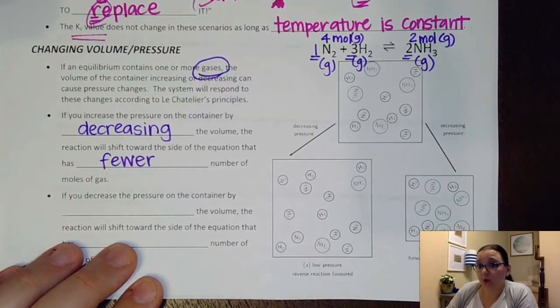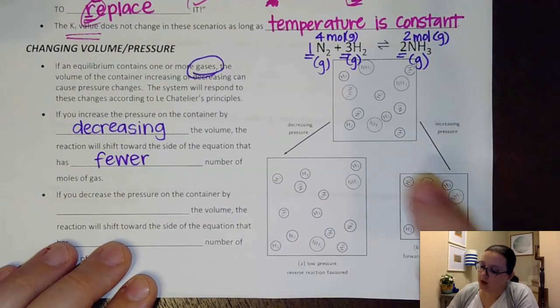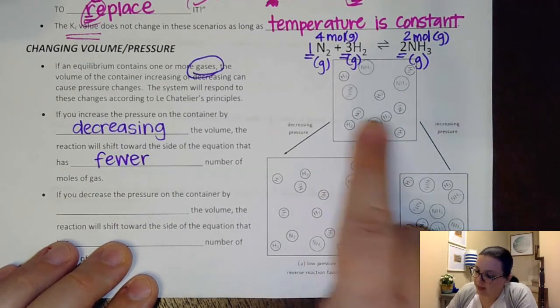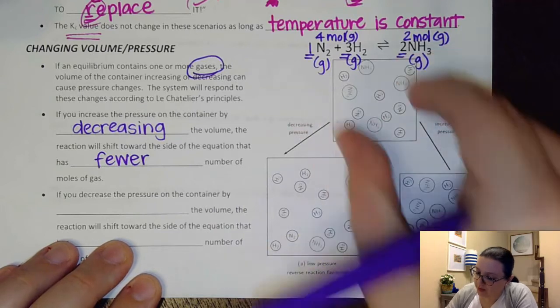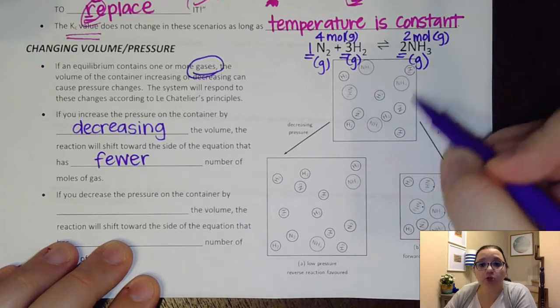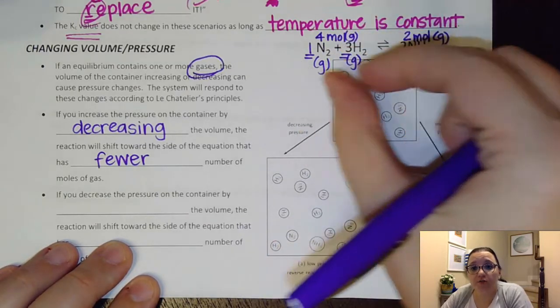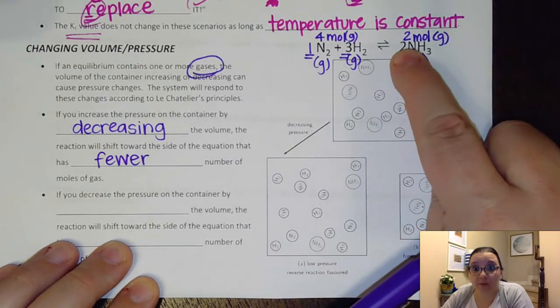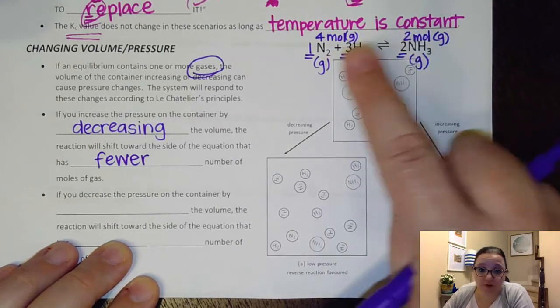Again, if I'm in a smaller space, I want fewer people at my party. And notice the one where it says increasing pressure. Look at that volume, they made it smaller. Notice how much more NH3 I have in this one in comparison to where I started. So we've shifted to the side that has fewer moles of gas. It only had 2 versus the 4.